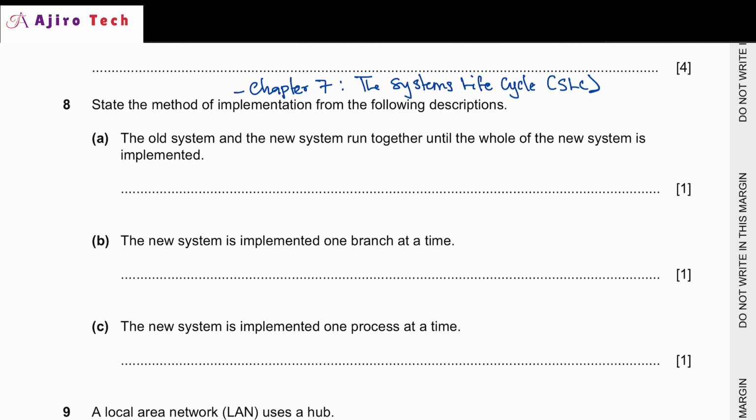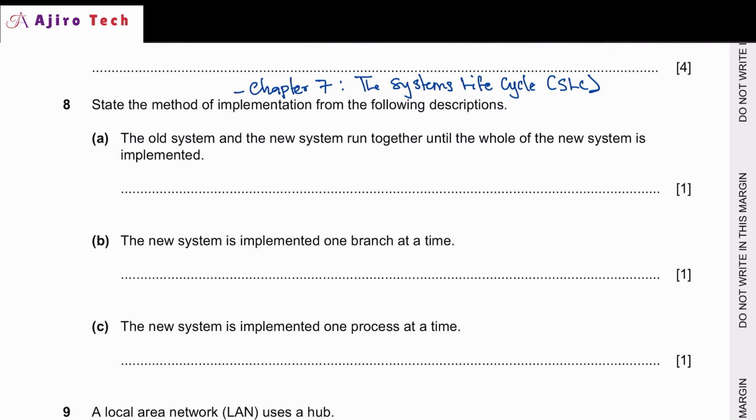Okay. Then pilot. For pilot implementation or pilot running, we see that the new system is introduced only at one branch of the organization. And they assess the performance before they introduce the new system to every part of the organization.